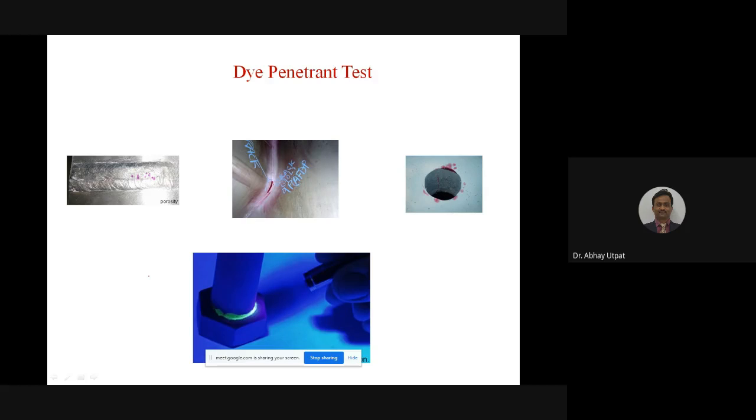So fluorescent particles are added with iron particles in the magnetic particle test and in the dye penetrant test, so that if you check the measurement in the dark in the presence of ultraviolet light, where in the earlier cases you observed red spots, you will observe a greenish color. That fluorescent particle will come out along with the color, and ultraviolet light will detect them.